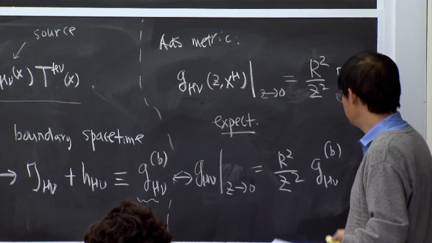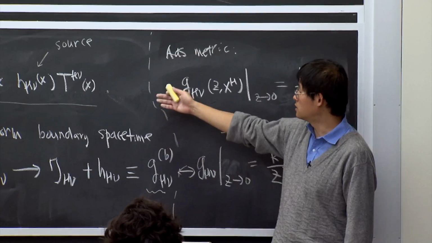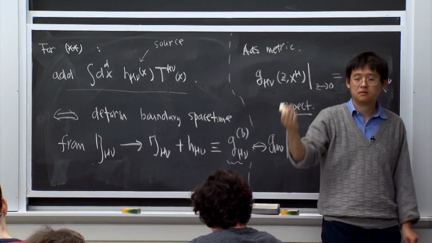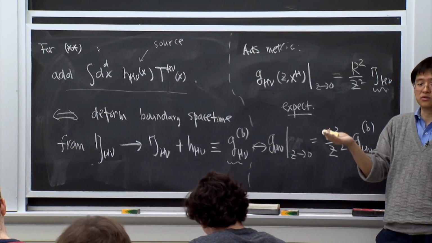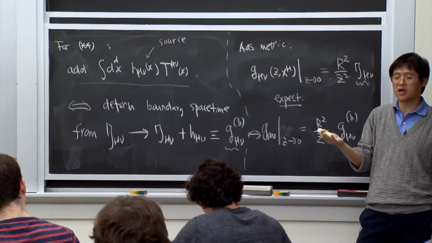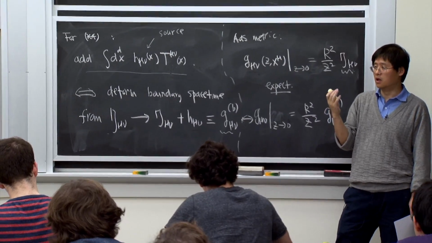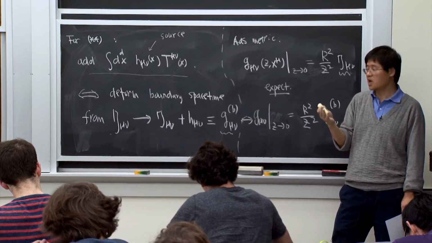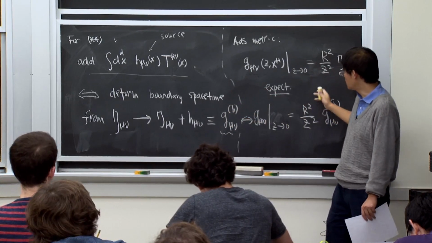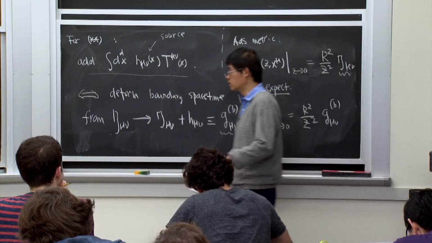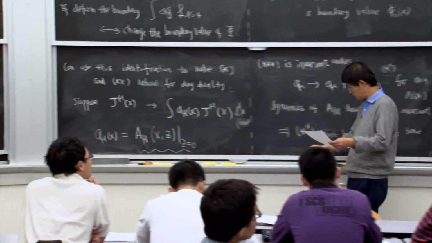So this tells you that the stress tensor must be dual to the metric perturbations on the gravity side, because it corresponds to perturbing the boundary conditions of the bulk metric.